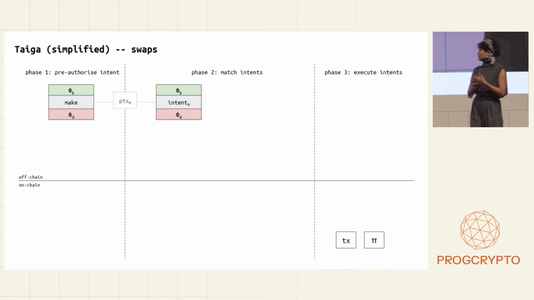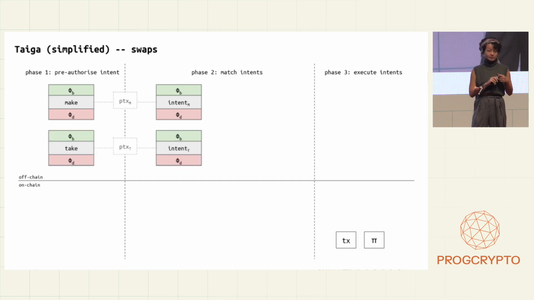So how you would implement a swap in Taiga is, firstly, the maker, as before, they would spend the note that they're intending to swap, and they would output an intent note that encodes the terms of the swap.